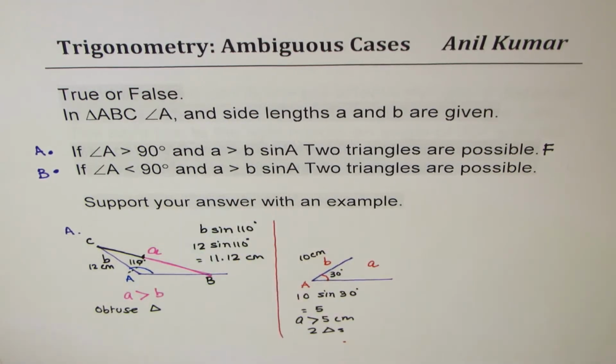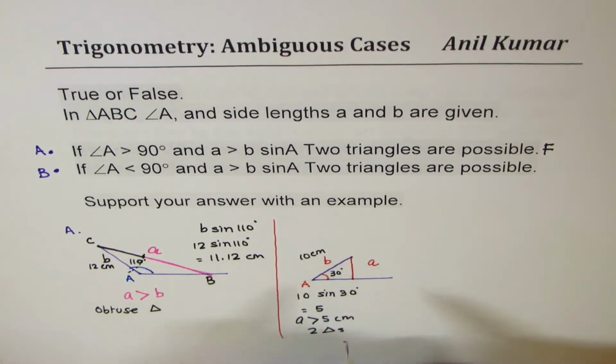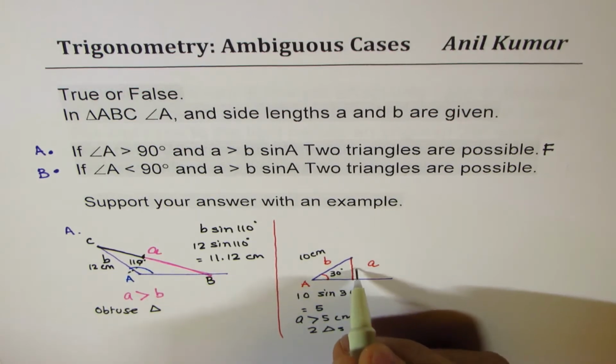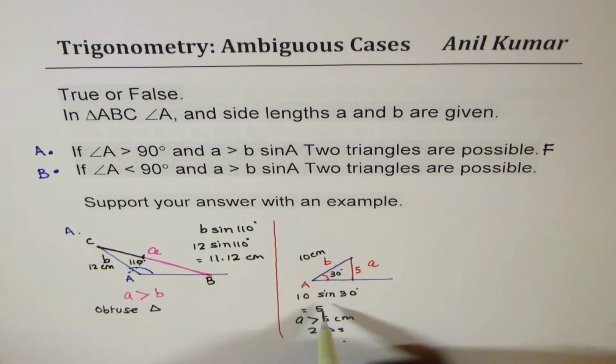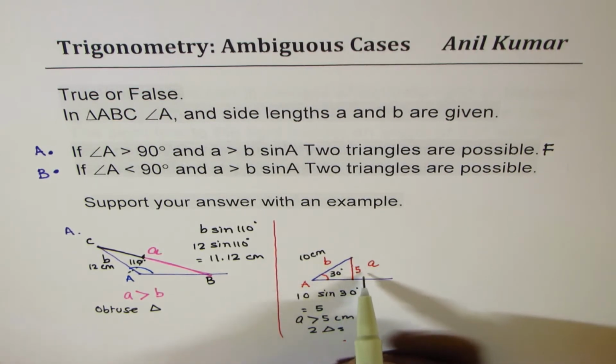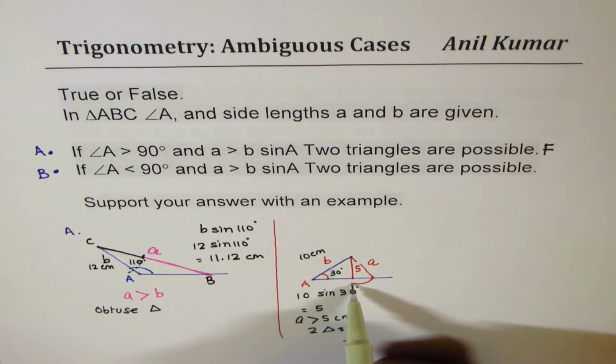That is what the statement is saying, correct? So this side here, if it is 5 centimeters, B sine 30 is this side. If A is greater than 5 centimeters, then we have two triangles.